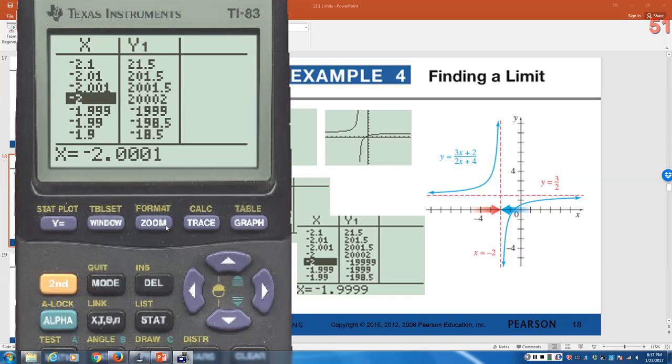So what's happening is I go from the right side, because all those numbers are bigger than negative 2. So I'm trying to close in on negative 2 from the other side.